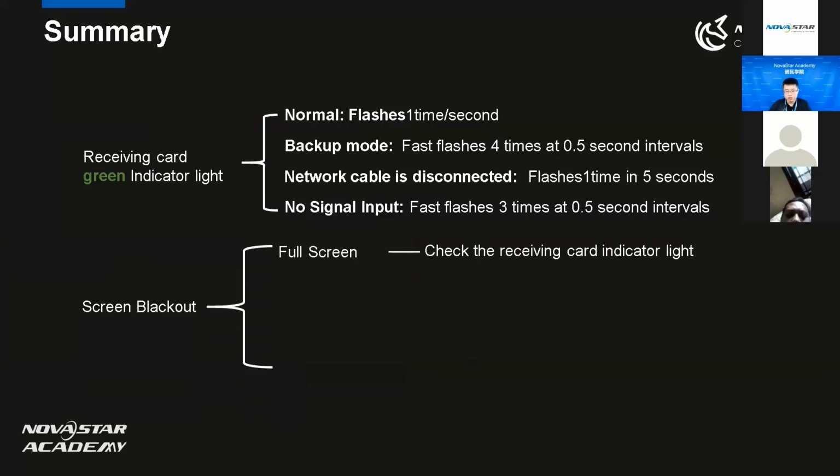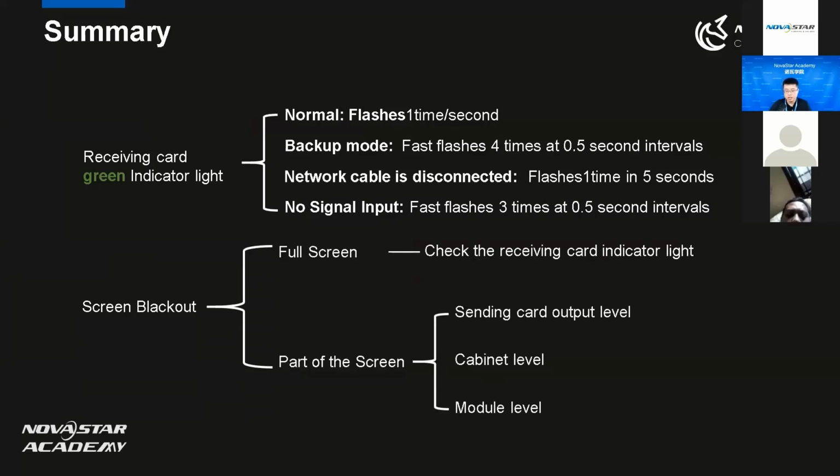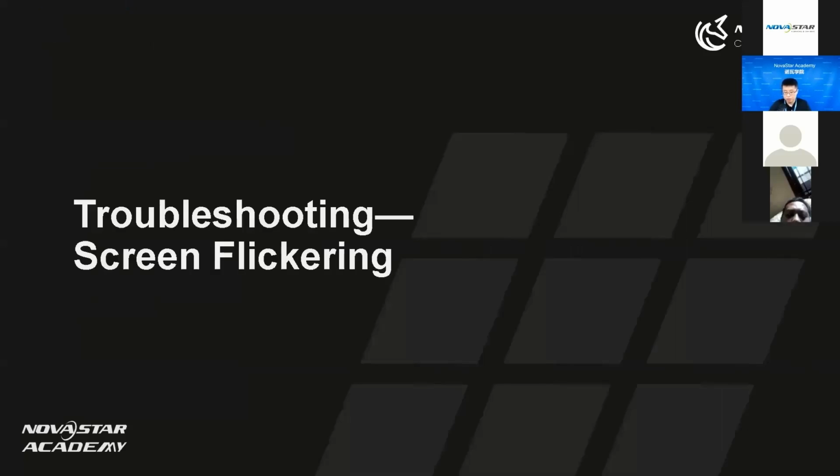Then try to know if it is full screen blackout or part of the screen blackout. And after we verify the screen blackout level, we can try to check all the factors to do a cross validation, and then you will get a solution.